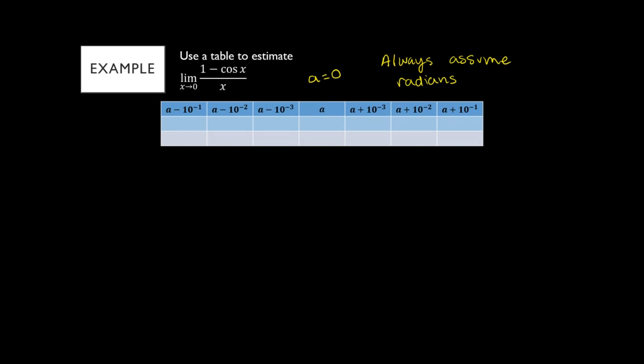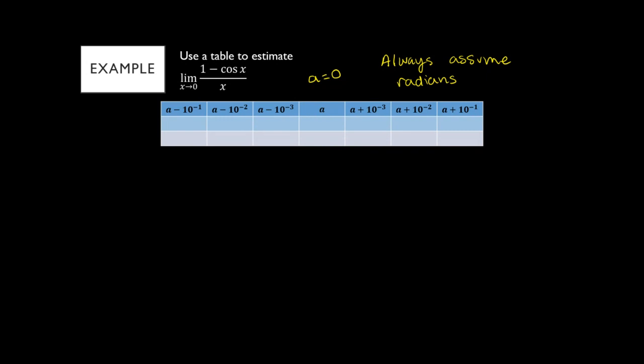It's always assumed to be radians unless you are told otherwise. So you just want to get used to the fact that you need to have your calculator in radians, and you're going to do everything in radians. We generally never convert to degrees unless it's a real world situation where it makes more sense to figure out your angle in degrees. But generally, it's always in radians.